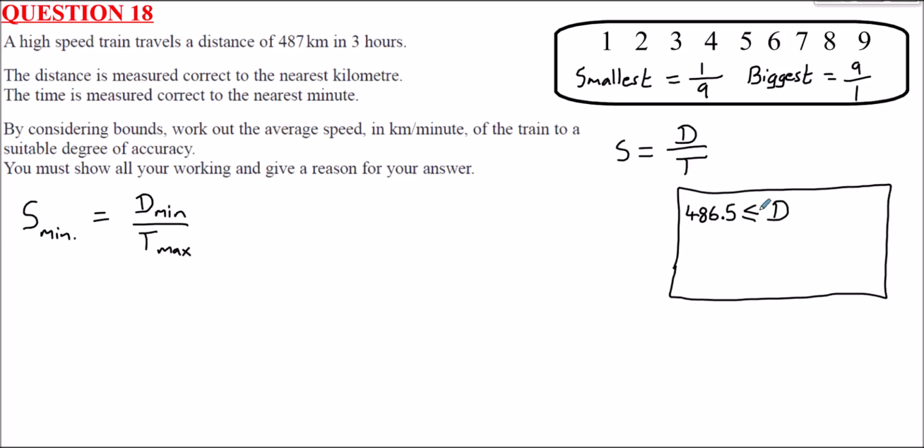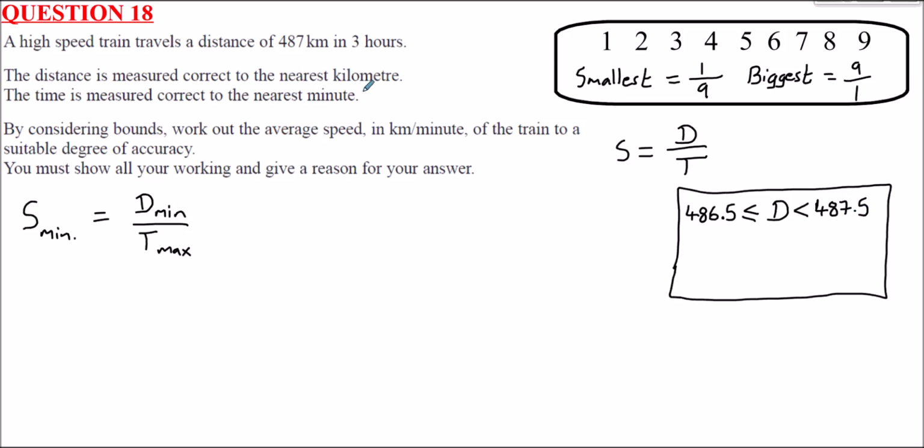Whereas the upper bound, think of this as the absolute limit of what it could be. So what's the limit in between the distance being rounded down to 487 to the boundary where it just rounds up to 488? Well, that boundary, again, would be a 0.5. It'd be 487.5.